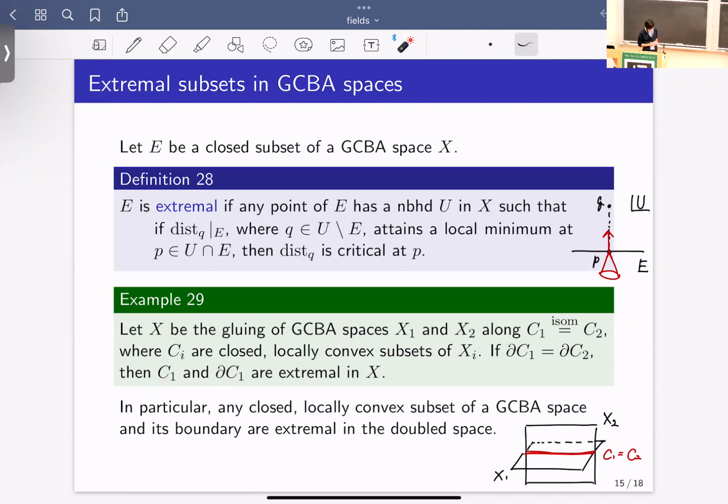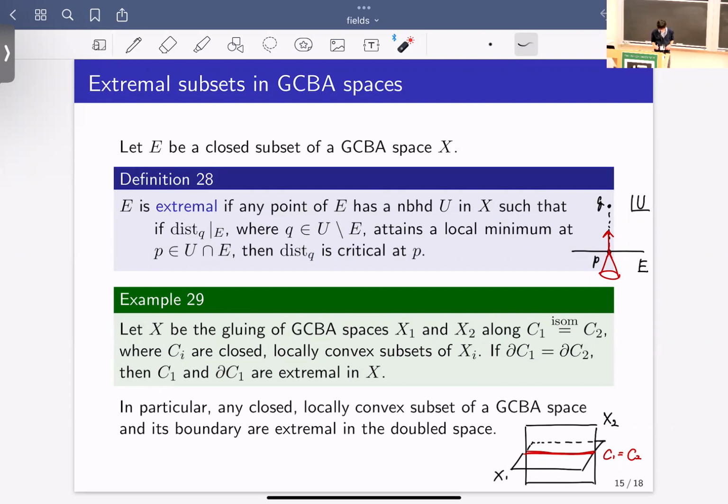Okay. As you can see here, many geodesics branch on this subset. In particular, any closed locally convex subset of a GCBA space and also its boundary can be viewed as extremal subsets in the doubled space. Okay. This is due to the fact that the boundary of a CBB space is extremal.